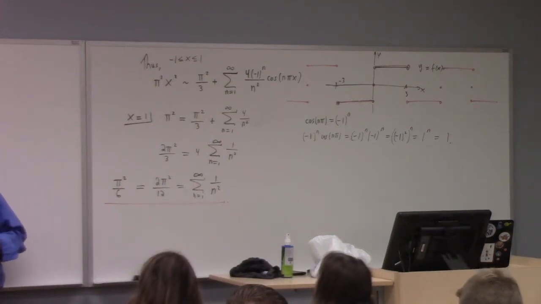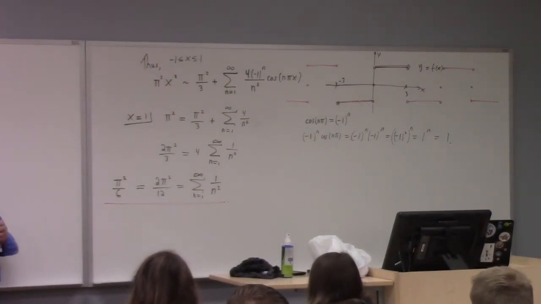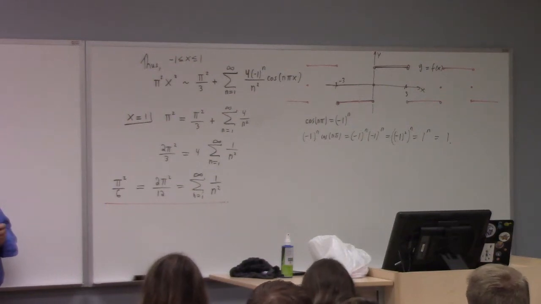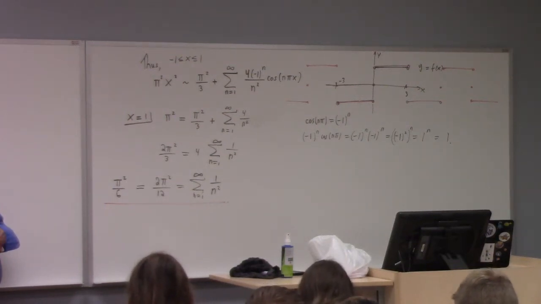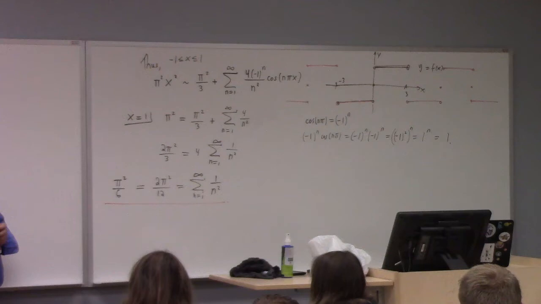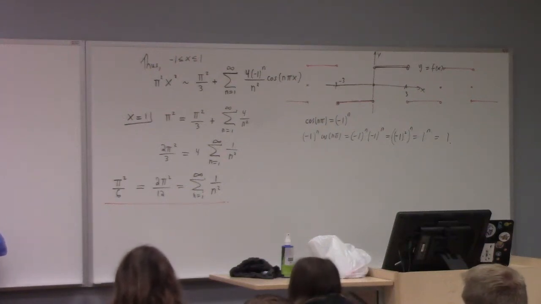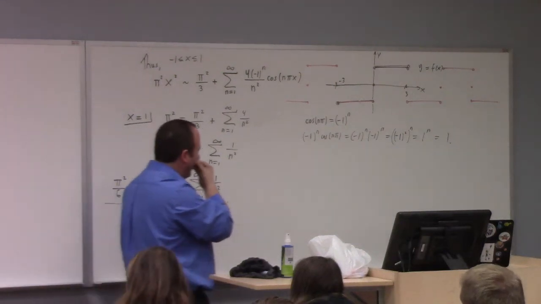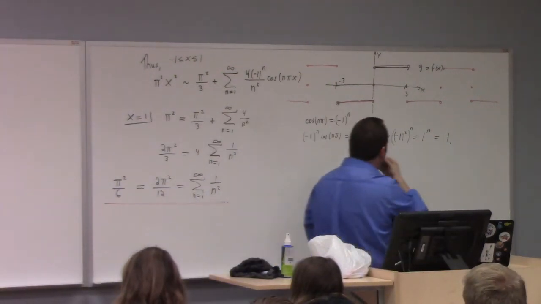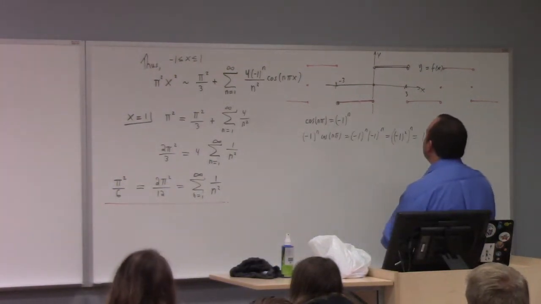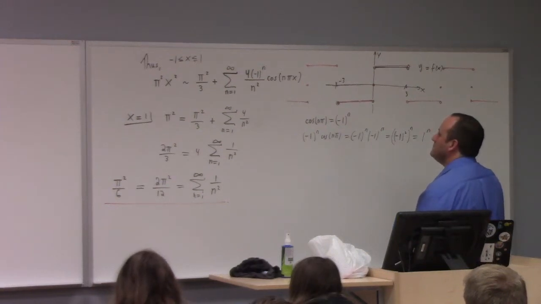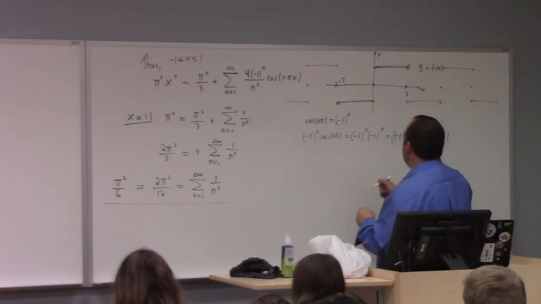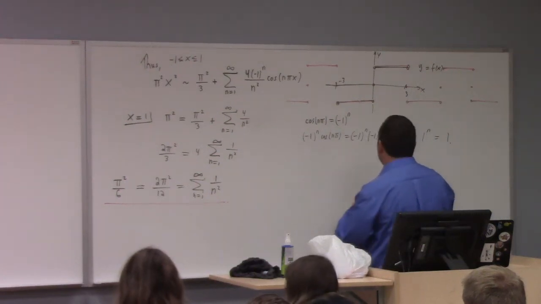Although, if you take a hard look at the argument I just gave you up in the corner, you should be a little bit bothered by this because I've just applied x equal to 1, which is right on the edge, isn't it? Oh, I guess that's okay though, because for this function, what would the picture be?